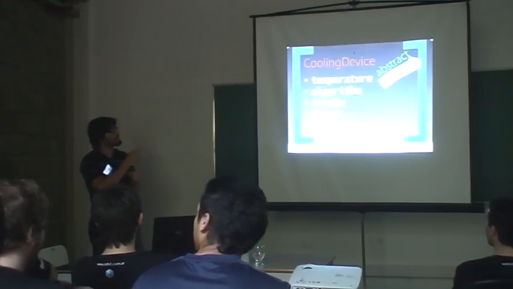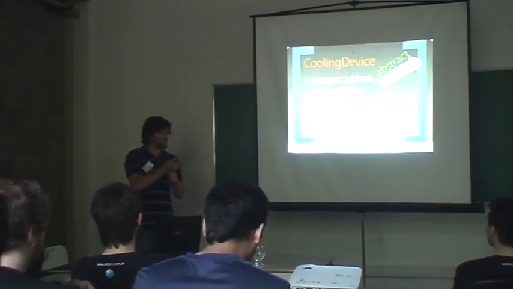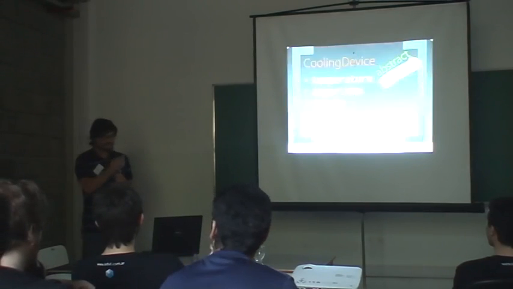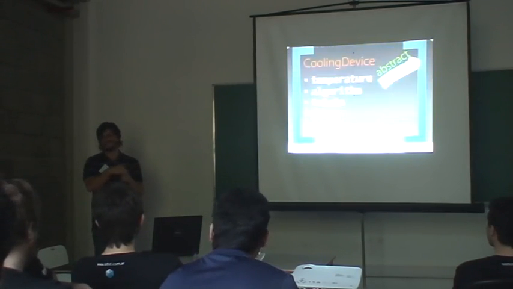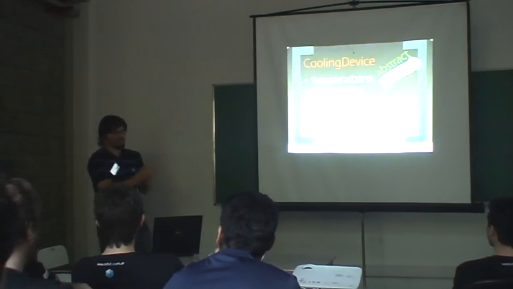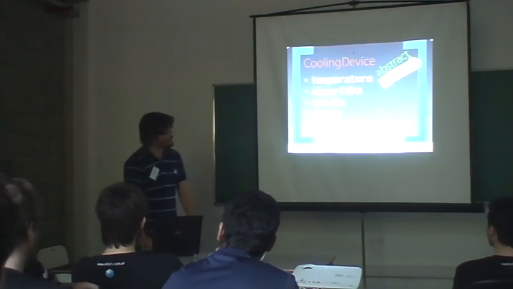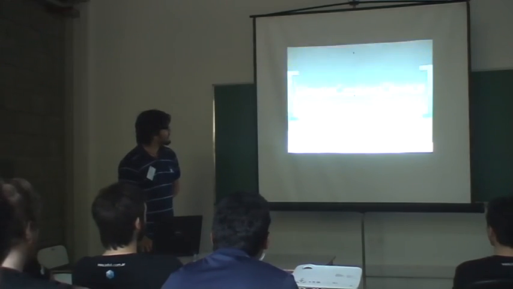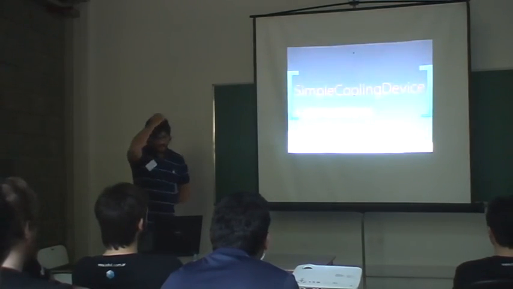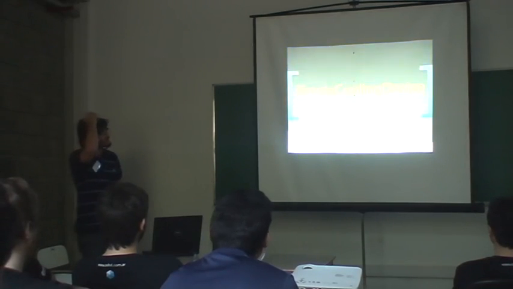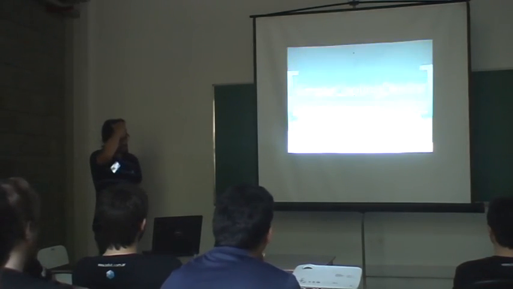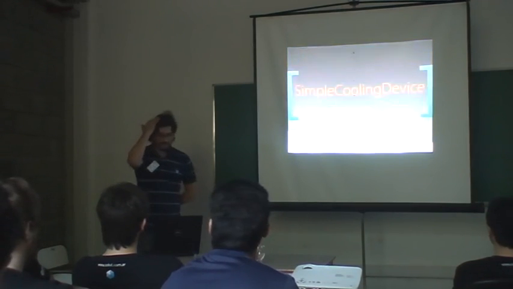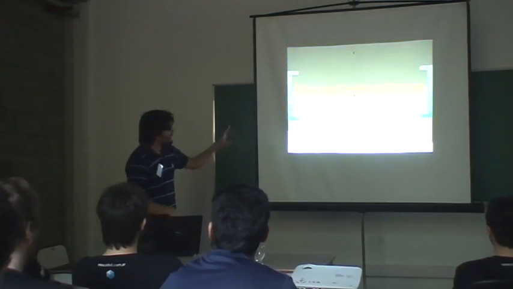So for example, if we have 10 trials and 5 jumps, the algorithm would try 10 times and it will jump only 5 if it happens to be the case. So here we have a simple cooling device with some parameters, and we are using this.